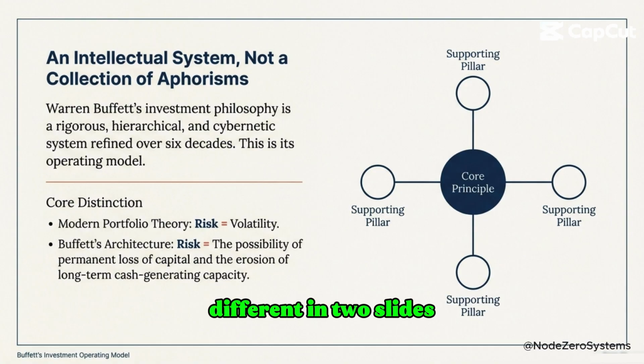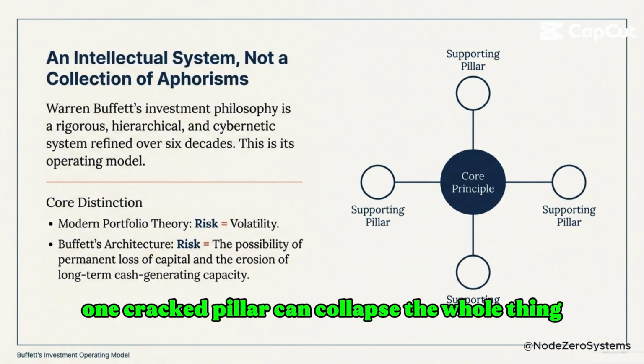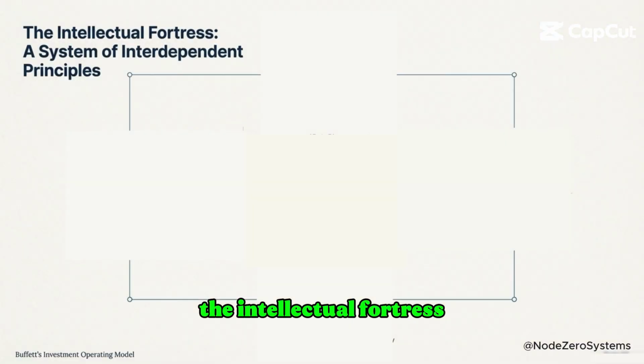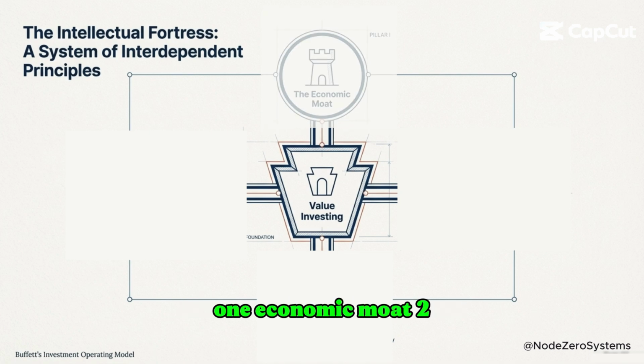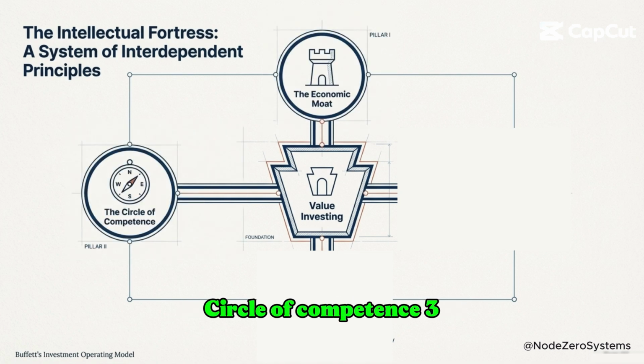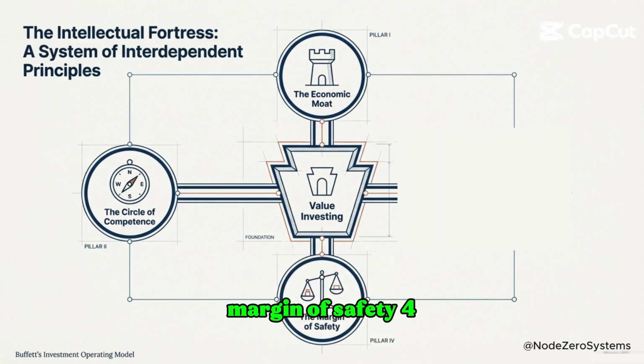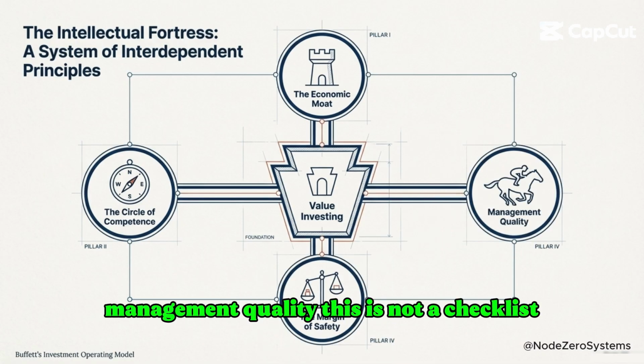In 2 slides, you'll see the fortress layout and why one cracked pillar can collapse the whole thing. The intellectual fortress. 4 pillars. Here's the fortress. Center, value investing. Around it, 4 interdependent pillars. 1, economic moat. 2, circle of competence. 3, margin of safety. 4, management quality.